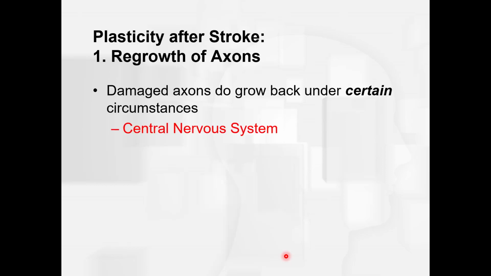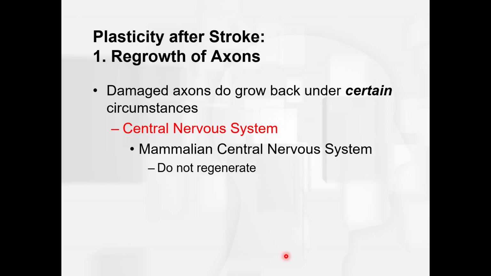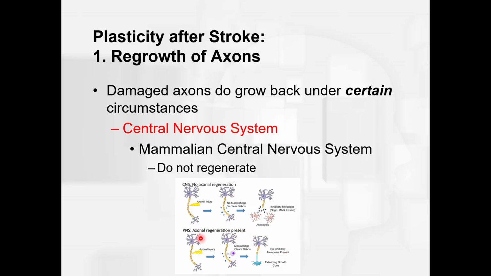So in the central nervous system, especially the mammalian central nervous system, axons do not regenerate. There's lots of research trying to figure out why and how we can promote this growth, but it doesn't happen. So here's what we just saw in the peripheral nervous system. You have an axonal injury. The macrophages phagocytose all that debris, and then there's an extending growth cone going back out to that muscle to reinnervate it.